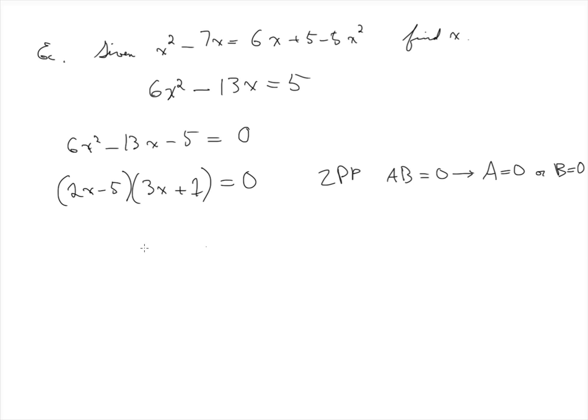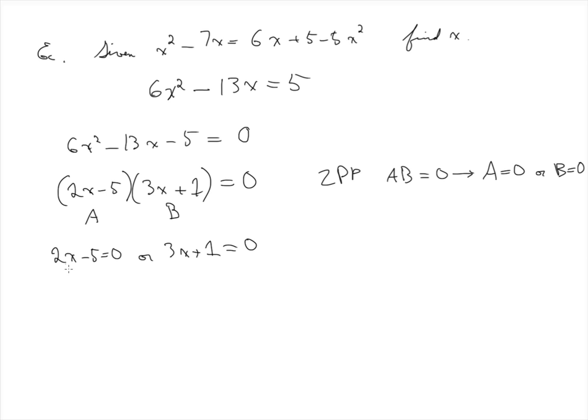So this is our A and this is our B. We've got AB equals 0, so we can conclude that either A is 0, so 2x minus 5 equals 0, or 3x plus 1 equals 0.